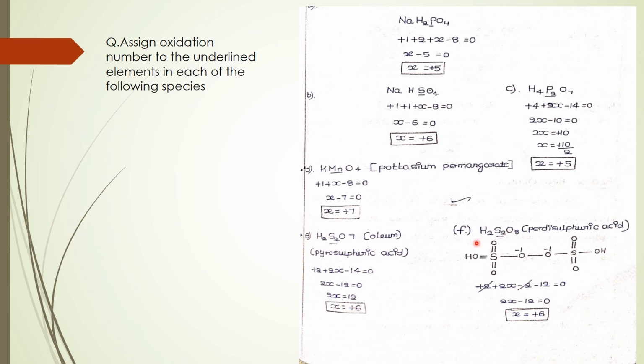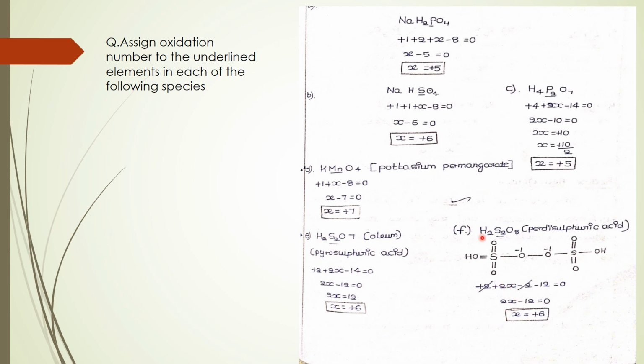Most important thing of this example, H2S2O8, disulfuric acid. Here peroxide bond, we call peroxy bond. There is a bond between two oxygen atoms, we call peroxide, peroxy bond. The oxygens belonging to the peroxide bond have oxidation state -1, not -2. The remaining oxygens have -2.